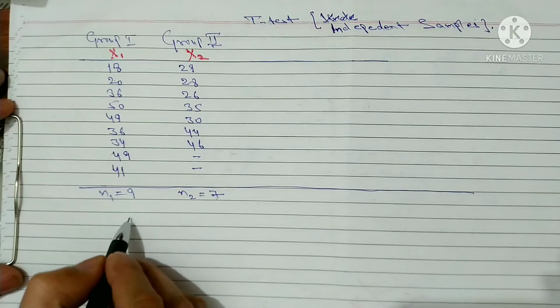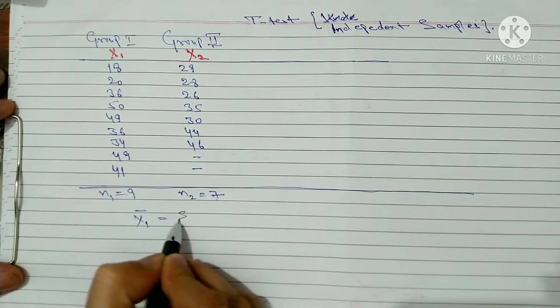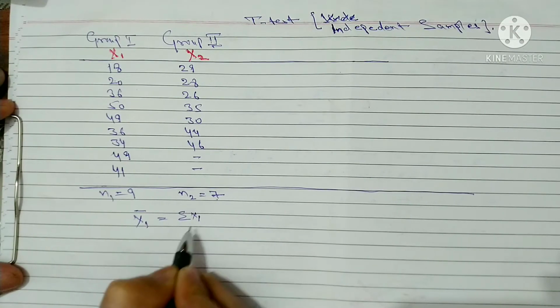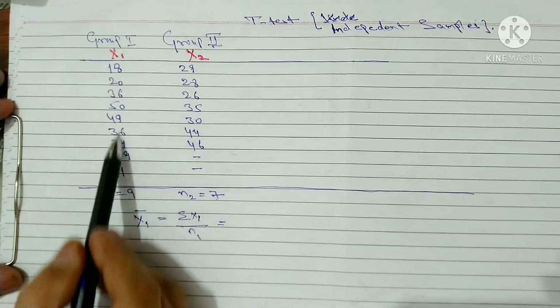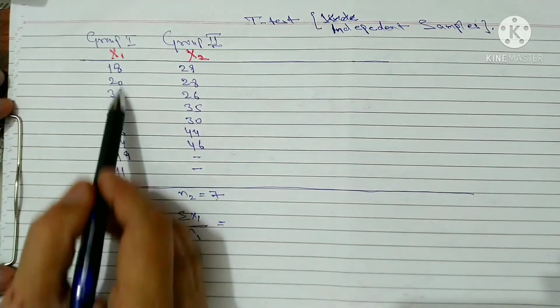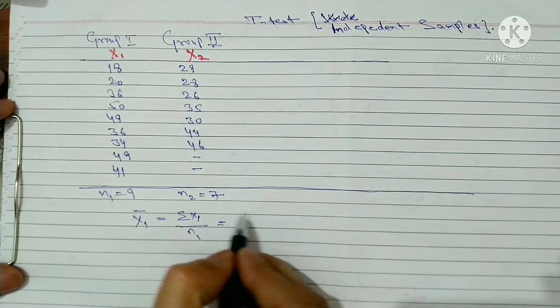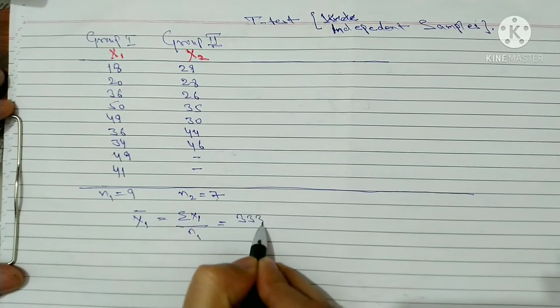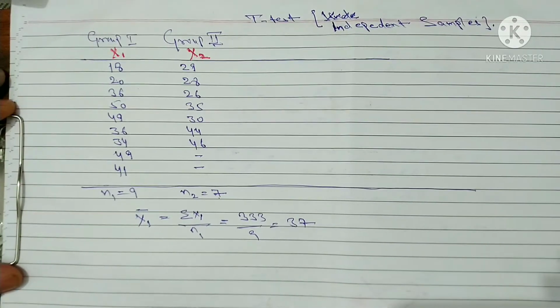First calculate mean. Mean of group 1 equals summation of x1 over n1. Summation of x1, the sum total of all the elements of group 1, is 333 divided by 9, which equals 37.